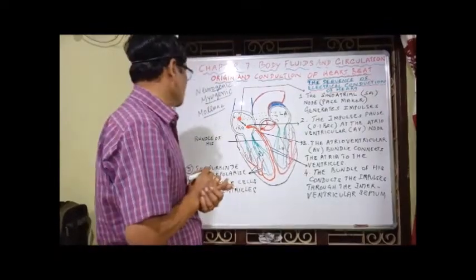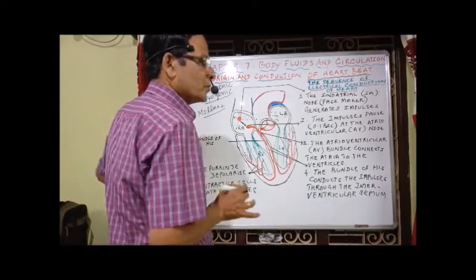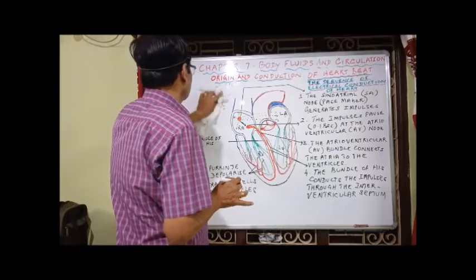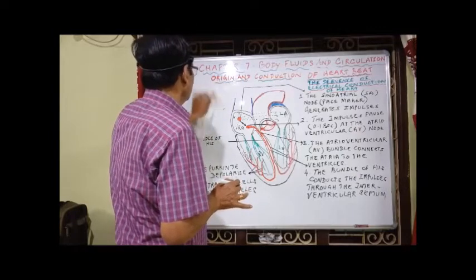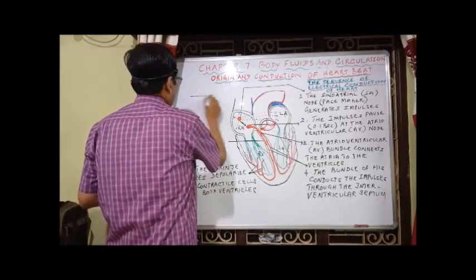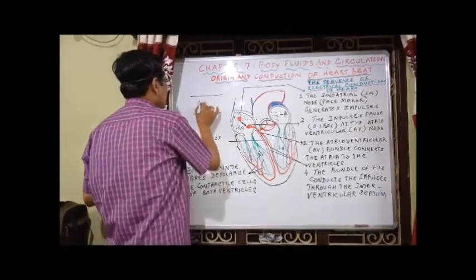What is depolarization? Suppose I'm taking a nerve cell, the axon. We'll discuss in detail later. So this is a membrane, the outer membrane of the cell, inside which we have the cytoplasm.